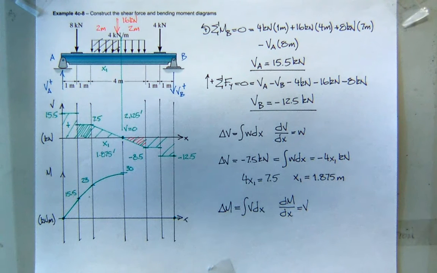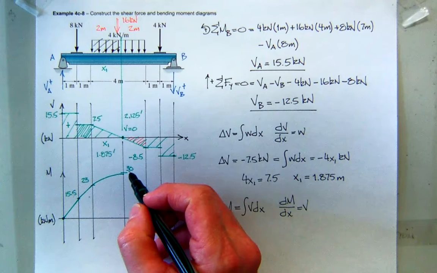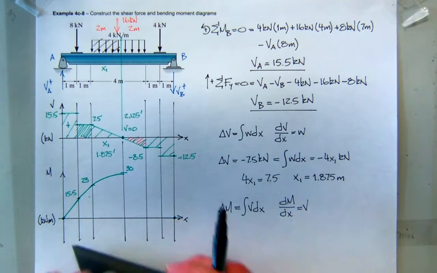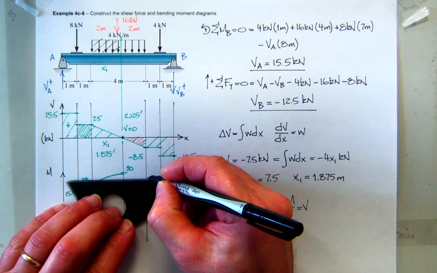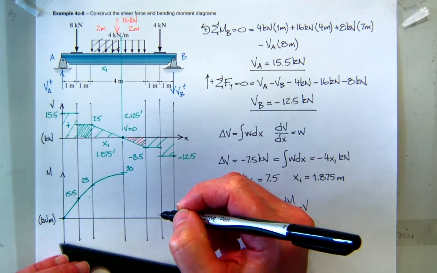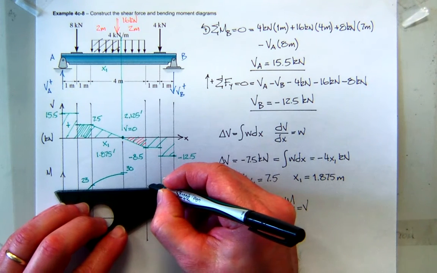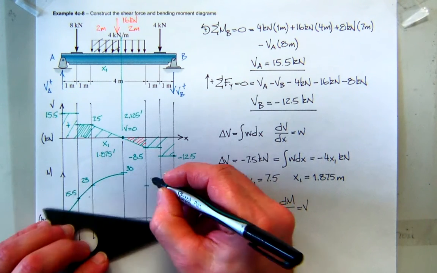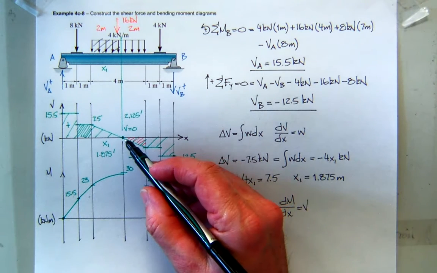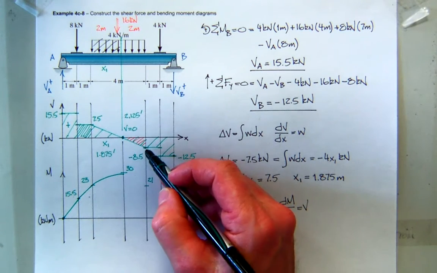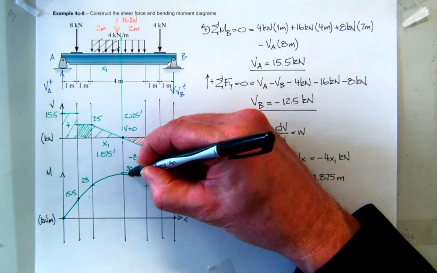It's 9.03. Okay, so we subtract that from 30, and we get 21, right? Roughly. This slope starts at 0 and gets bigger, so it's kind of doing something like that.